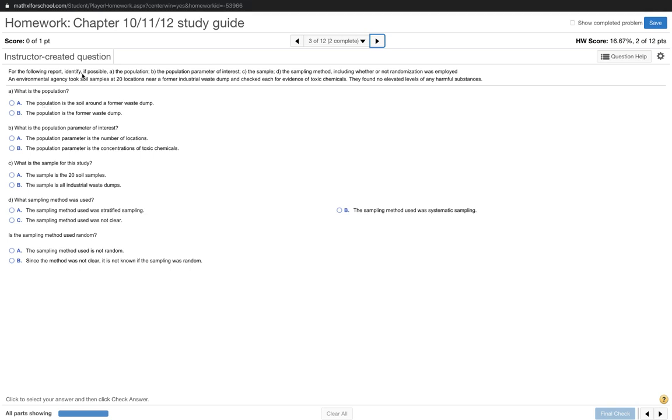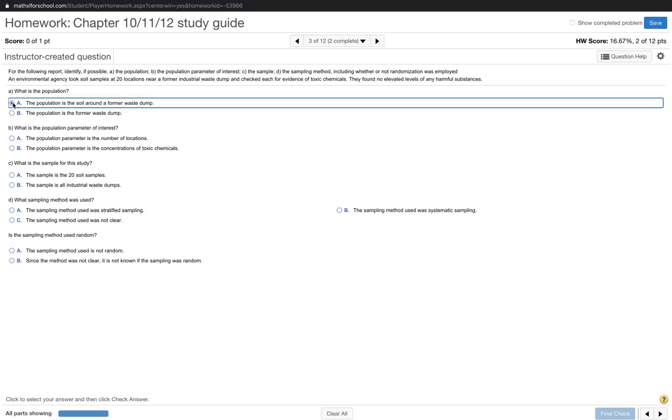So, what is the population? Let's see. They took soil samples near a former industrial waste dump. So what they're learning about is not the actual waste dump itself, it's the soil that's around the waste dump.